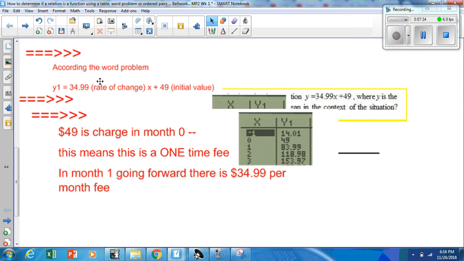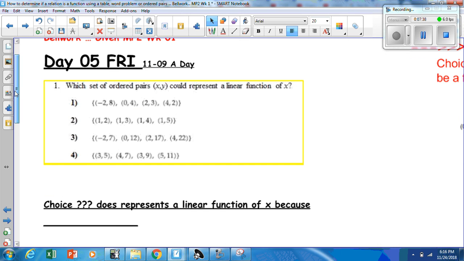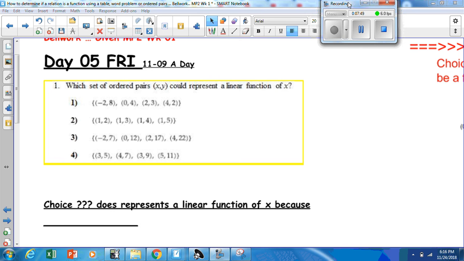Okay, let's wrap this up by taking a look at the final problem. It says: which set of ordered pairs could represent a linear function of x? Again, we worked with these questions before.